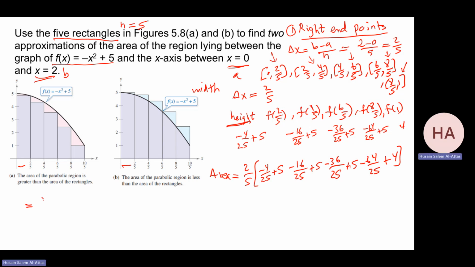Which is what? 2/5 times what I have here. I have 5, 5, 5, 4. This is 19. Minus 4, 20, and this is 100, correct? So it's minus 120/25.